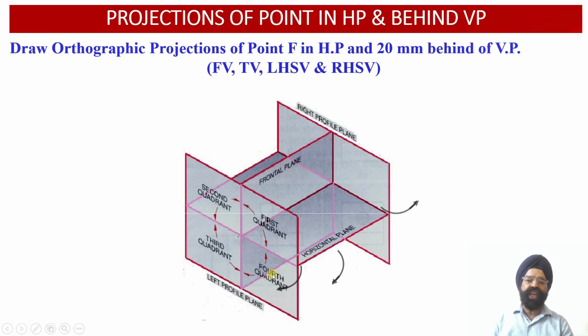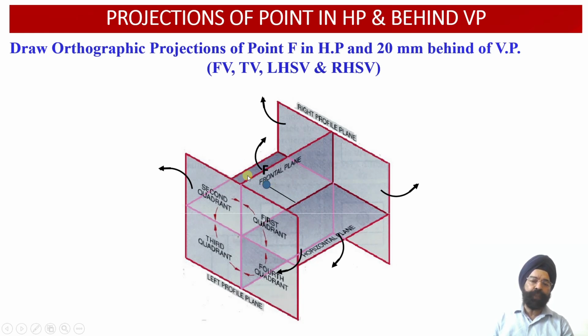Now we can check this point F location in the space. This point F happens to rest on the horizontal plane, so this point F will be located over here. Another coordinate of this point F which is available with us is that it is lying 20 millimeter behind the vertical plane. So here we have identified the spatial location of this point on the horizontal plane.